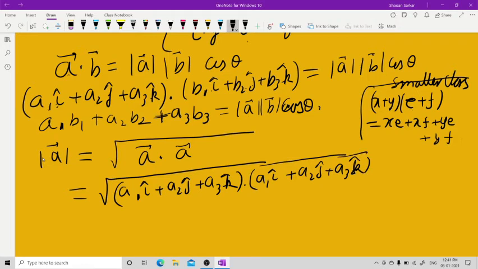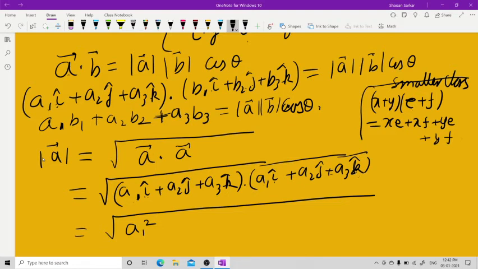Now this is to be multiplied with all of these components, but because of i cap, these two components will become 0. That is A1 i with A1 i, so this will give me under root of A1 square. But A1 i cap multiplied with A2 j will become 0 because i and j dot to 0, so there is no use writing that. Similarly, A1 i with A3 k will become 0 because i dot k is 0.